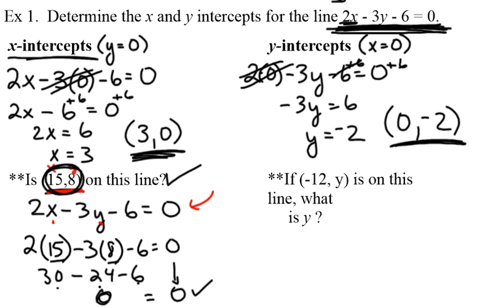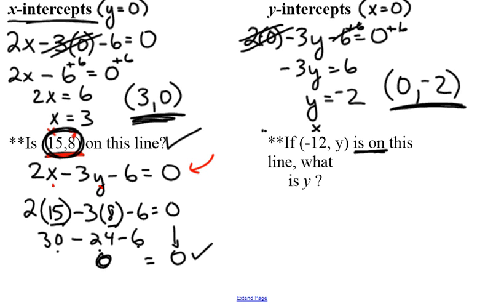Well, the same can kind of be true for this question here. If my x is negative 12 and it is on the line, what's the y value? Well, that's just doing the algebra there. We just have to figure it out for that equation. And the equation was 2x minus 3y minus 6 equals 0.